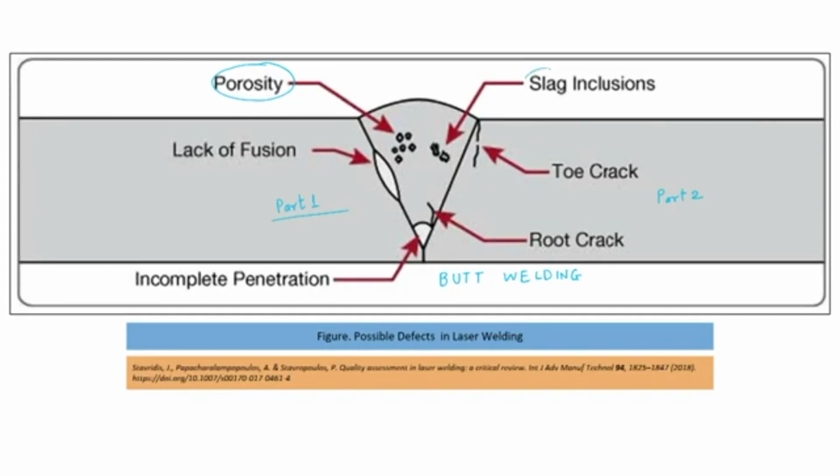Then the next is slag inclusion. We may have some dirt on the surface of the work part, and that dirt may get included inside the weld zone. This is the weld zone or weld bead. This is also naturally not desired. Then toe crack.